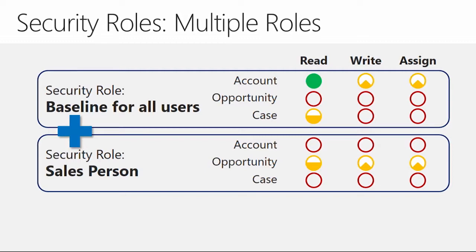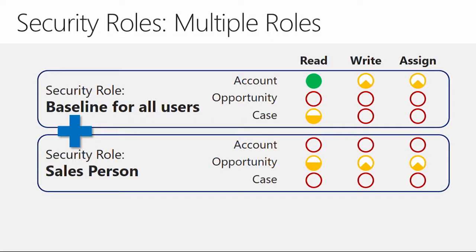And that baseline security role gives everybody organizational read access to accounts, so they can see all accounts in the system. They can only edit accounts that they own, and they can only assign accounts that they own to other users. And then from a case standpoint, they have the ability to see all cases that belong to users in the same business unit that they belong to.